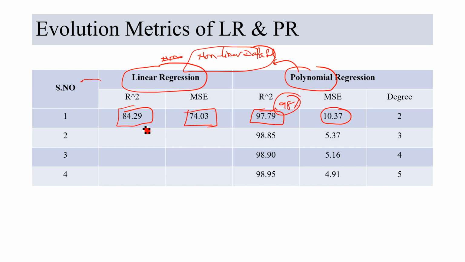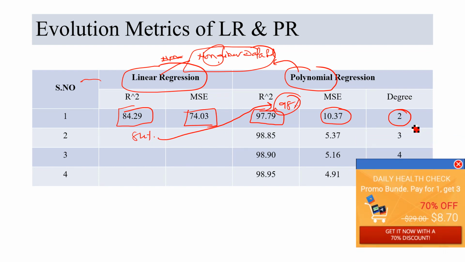See, on the nonlinear data set, if you apply linear regression, you get 84%. On the same data set, if you apply polynomial regression with degree 2, you get 98%, so our accuracy increased from 84 to 98.